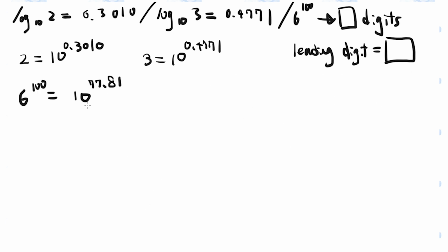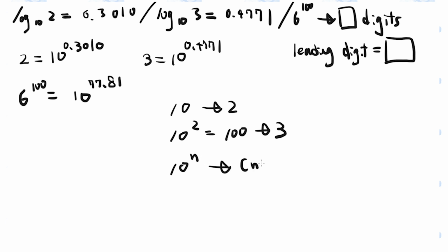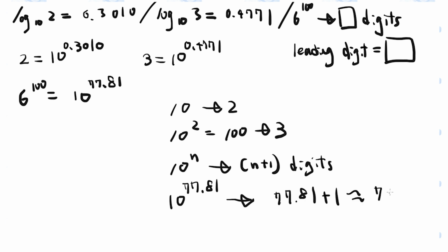So how many digits does this number have? 10 has 2 digits. 10 to the power of 2, which is 100, has 3. 10 to the power of n must have n plus 1 digits. Therefore, 10 to the power of 77.81 has 78 digits.